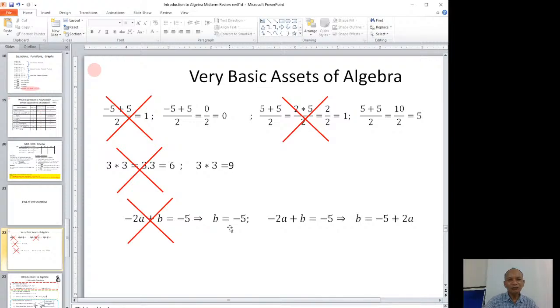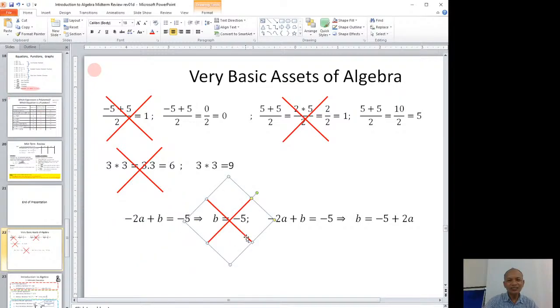Does anyone spot the mistake here? The difference is this. You have negative 2a plus b equal negative 5. Then later you write this, imply this, then b equal negative 5.